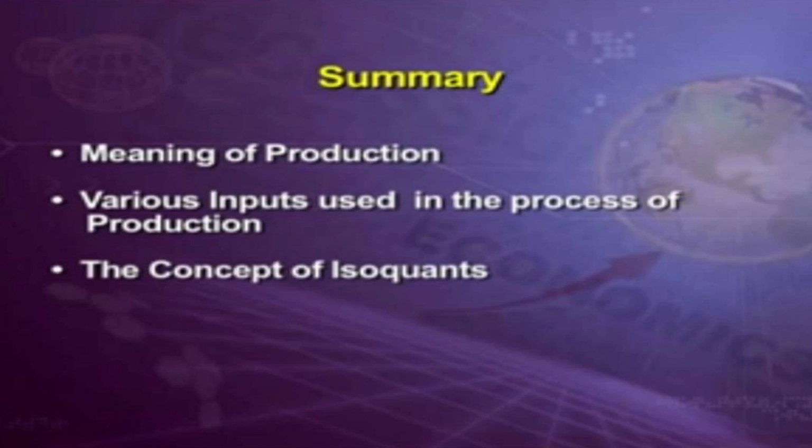So next we are going to see the marginal rate of technical substitution. As I told you, the concept of marginal rate of technical substitution is a theory of production similar to the concept of marginal rate of substitution in the indifference curve. As I told you in the previous class, in the indifference curve, there you can see the marginal rate of substitution. What is that marginal rate of substitution?